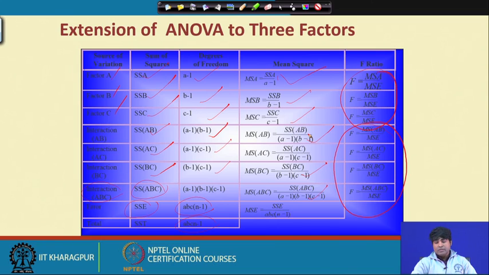Altogether we have 7 different test statistics which you would like to report in the case of 3-factor models, while in the case of 2-factor models we have 2 main effects and 1 interactive effect.